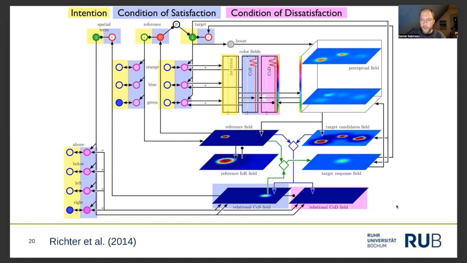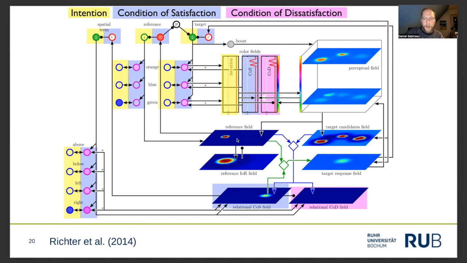And when that happens, which is unfortunately not plotted in this figure, I think it would inhibit the reference field and the target candidates field, thereby causing the peaks to decay. In effect, this causes the condition of satisfaction of the reference process and the target process to become deactivated, and therefore the intention nodes can become active again.